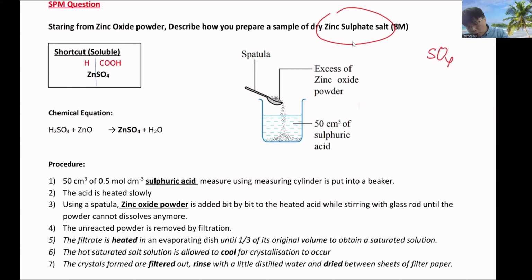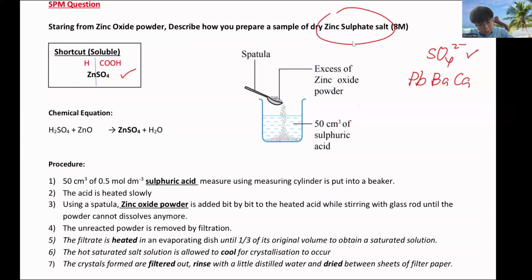Sulfate is all soluble except for barium, lead and calcium. So zinc sulfate is something soluble. As I told you, for a soluble salt, you need to use an insoluble one to prepare it. So which is the insoluble one? The one with OH minus or CO3 2 minus, plus the H plus to dissolve it.